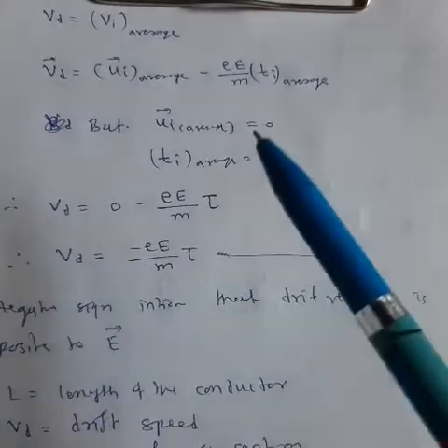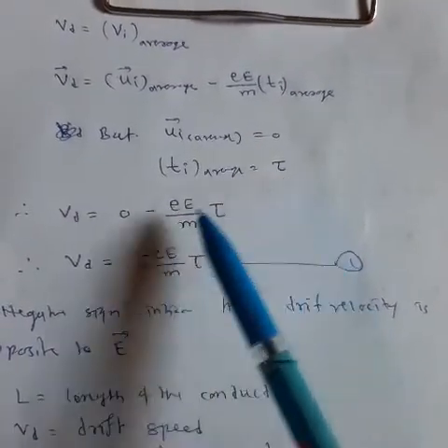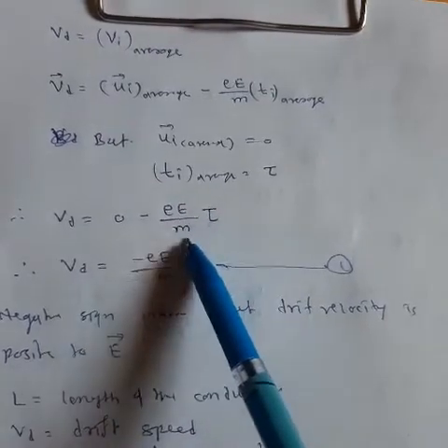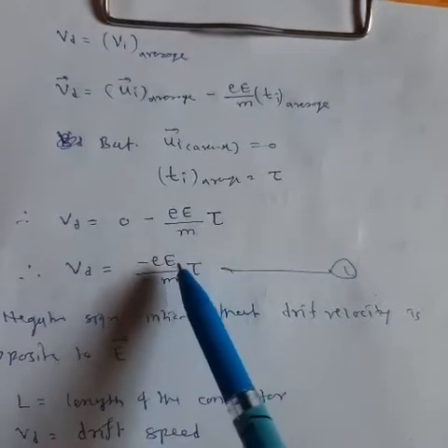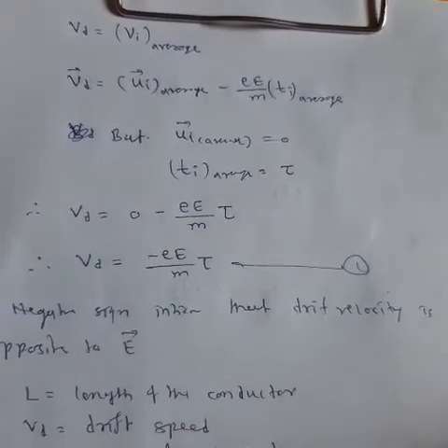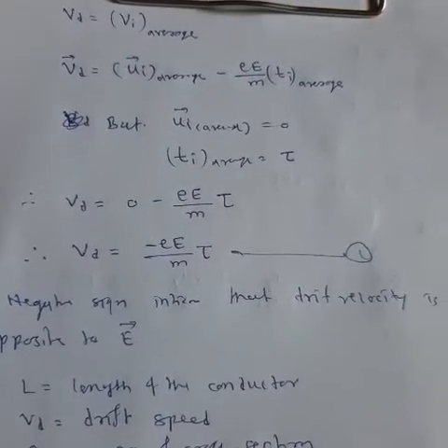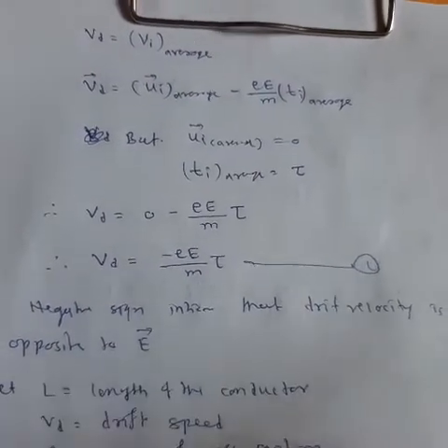And ti average is denoted by tau. Therefore, vd is equal to 0 minus eE divided by m into tau, so vd is equal to minus eE divided by m into tau. The negative sign indicates that the direction of drift velocity is opposite to that of the electric field.